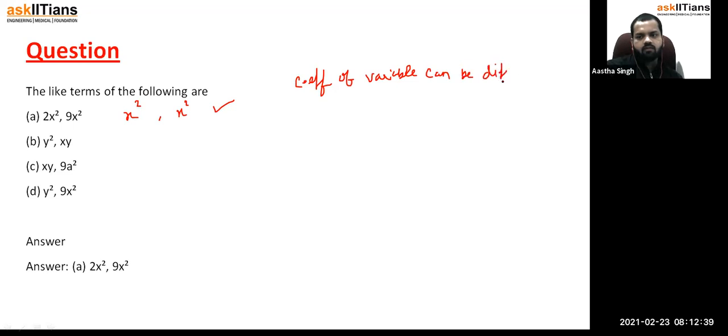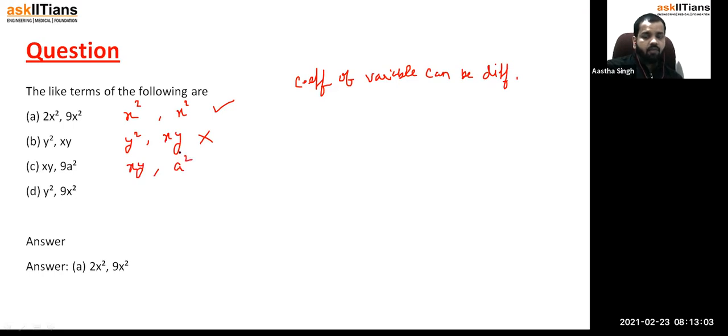So here the variable is y square and in the second term your variable is xy. So both are different. It means these are not like terms.